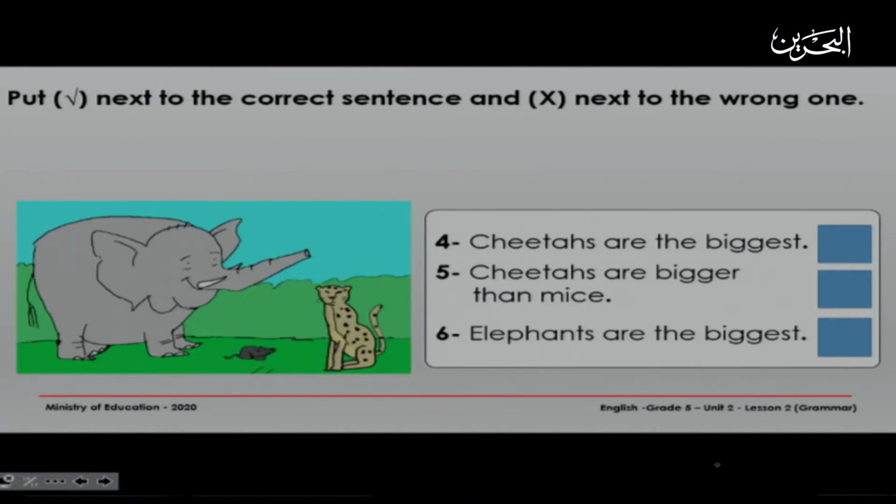Here we will do the same. You have different sentences and a different picture. You have 5 minutes. Start.